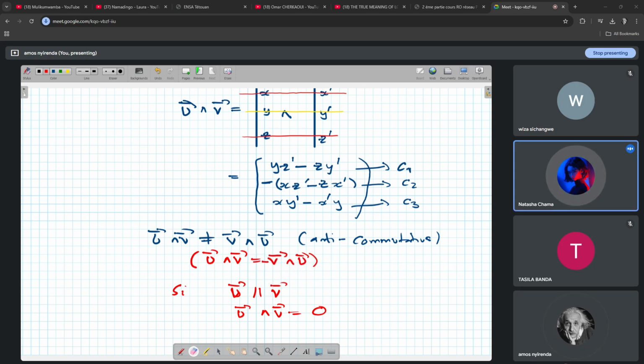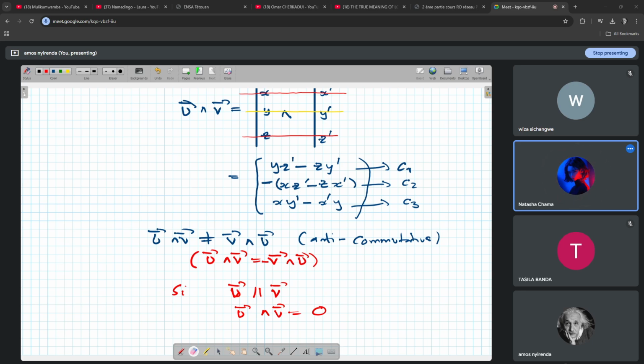Right. So does it mean that v is the one that's going to change the position, or also the vector u? I didn't get your question. Come again. Since this is used when you want to change the position, since these two are anti-commutative, if we put this minus attached to the vector v, will the vector u also change its position, or only vector v?